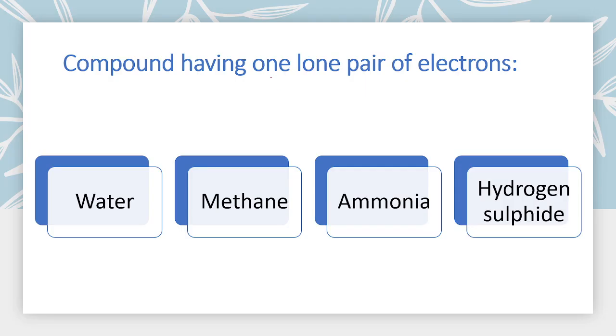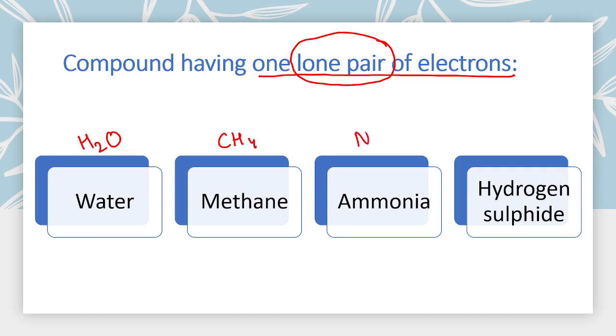Next, compound having one lone pair of electrons. A lone pair is that pair of electrons which is not bonded. Is it water, methane, ammonia, or hydrogen sulfide? What's the correct answer? The correct answer is ammonia, NH3.